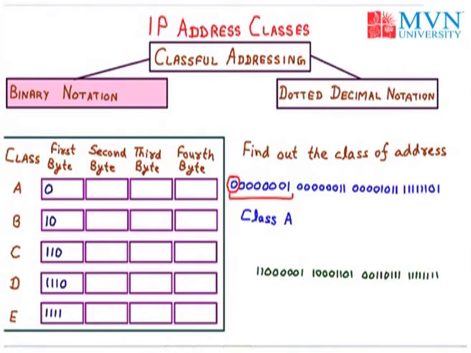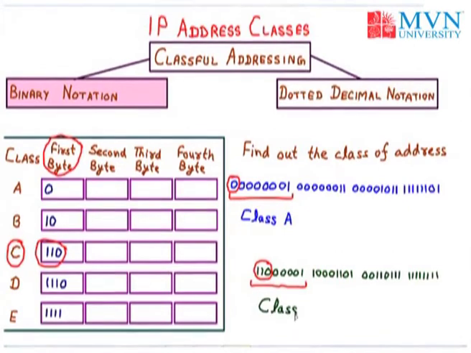Here is another IP address in binary form, in 0 and 1. We find the first byte. Here, this one is my first byte. As we know, the IP starts with 110, and 110 is class C. So we can say that the IP is of class C.